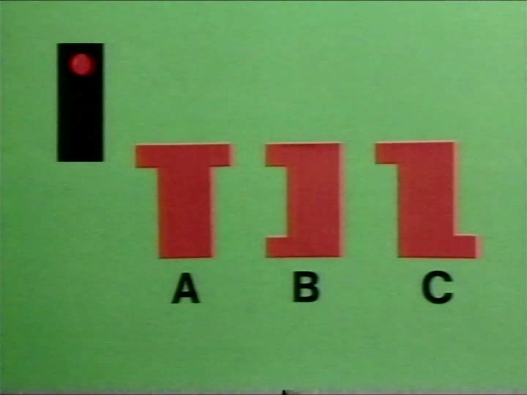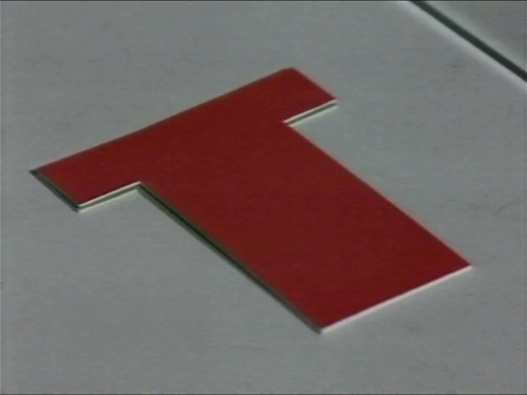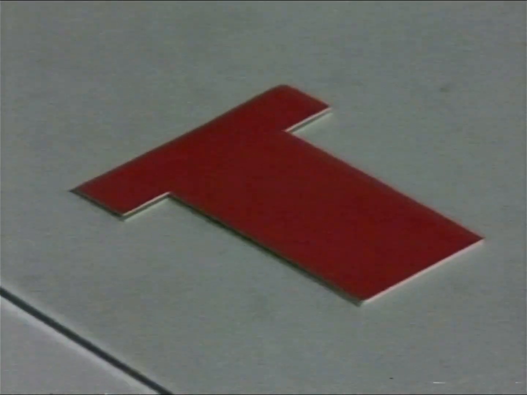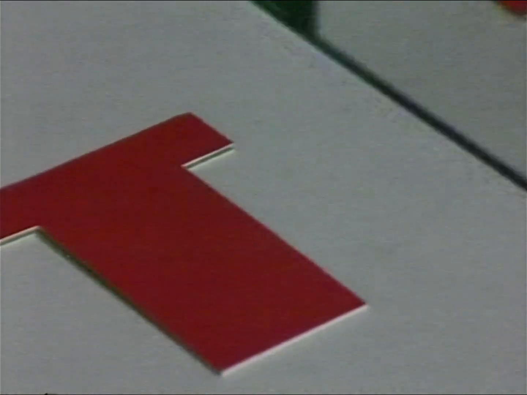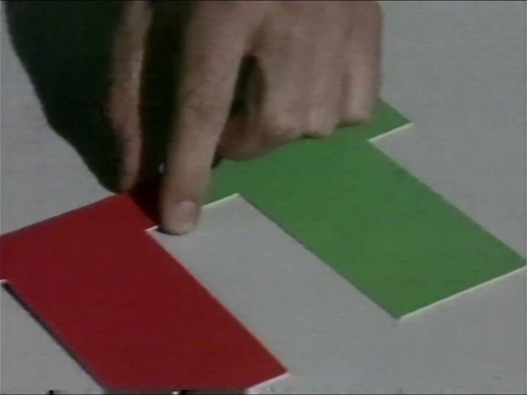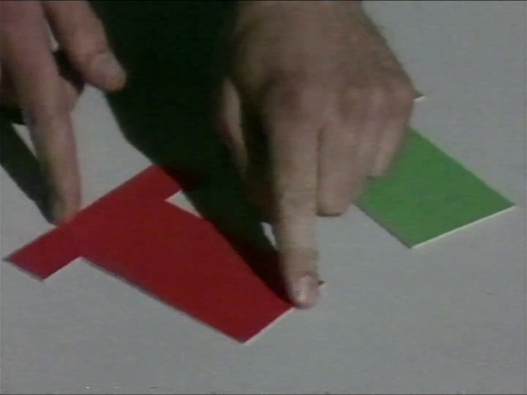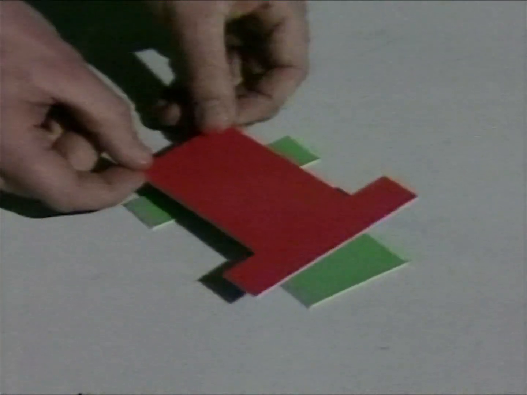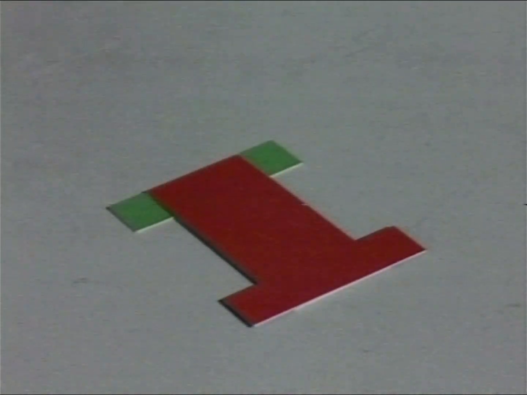Let's look at shape A first. This shape has got mirror symmetry, but it hasn't got half-turn symmetry. If I give it a half-turn, it doesn't look like it did before, and it won't fit onto a copy of itself.